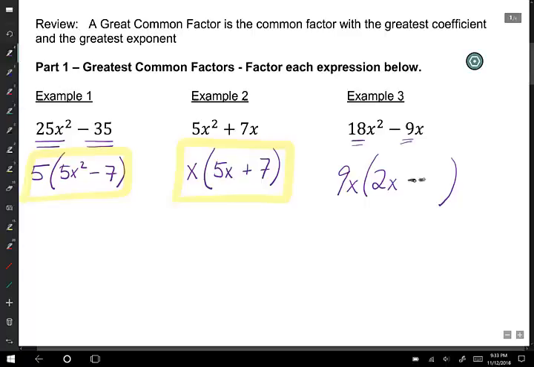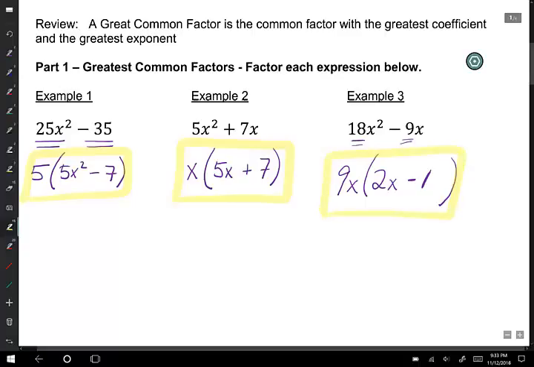Well, the answer to that is a minus 1. And I put this problem on here intentionally, knowing that a negative 1 often is a helpful idea to realize you can have a minus 1 as a factor for this third and final example.